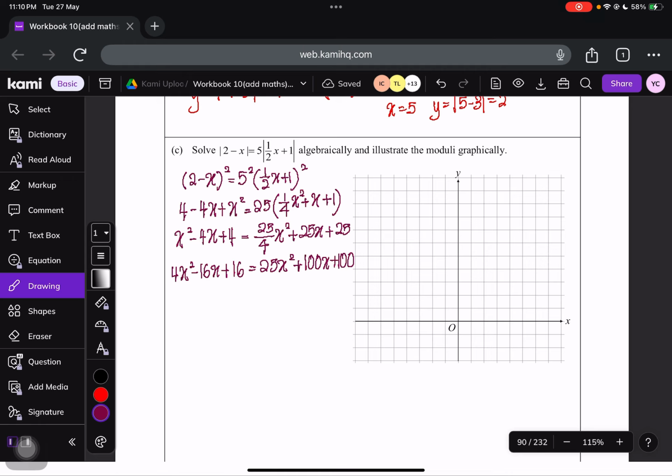Then I rearrange. I get 21x squared plus 116x plus 84. I bring everything to one side so that it equals 0, so I can solve this equation.